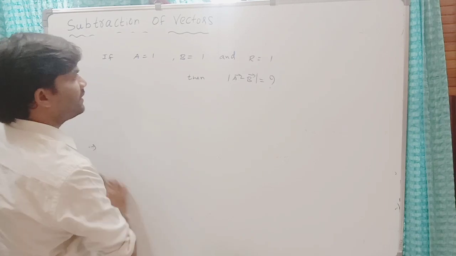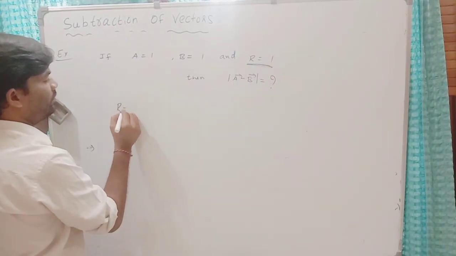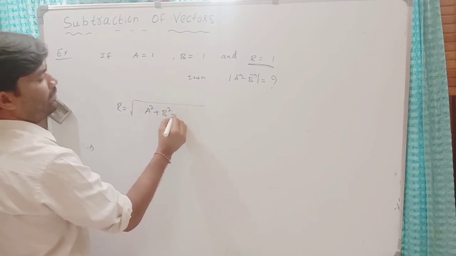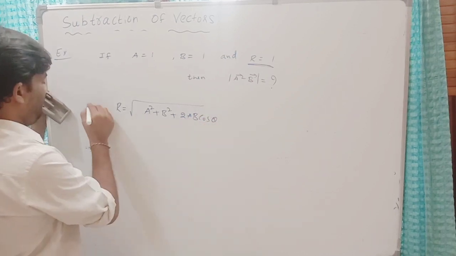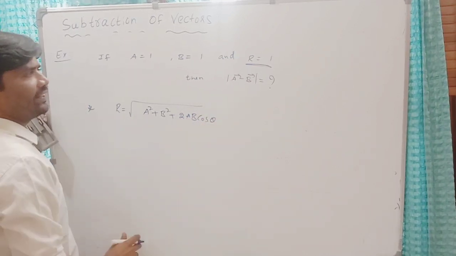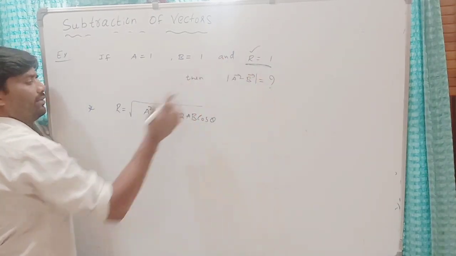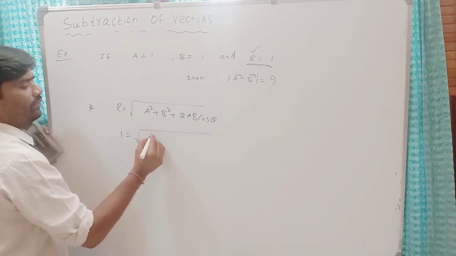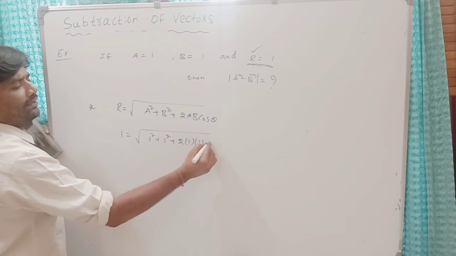Now let us use this condition first. What is R? R is equal to the root of A square plus B square plus 2AB cos theta. This is the formula for the resultant, and it is also a unit vector. Substitute all the values here. R is 1, A is 1, B is 1, 2AB cos theta.